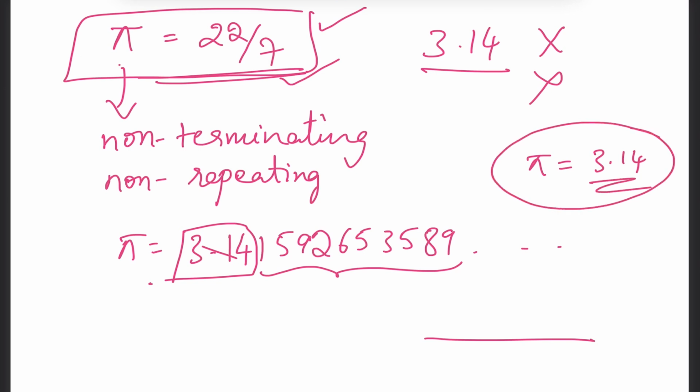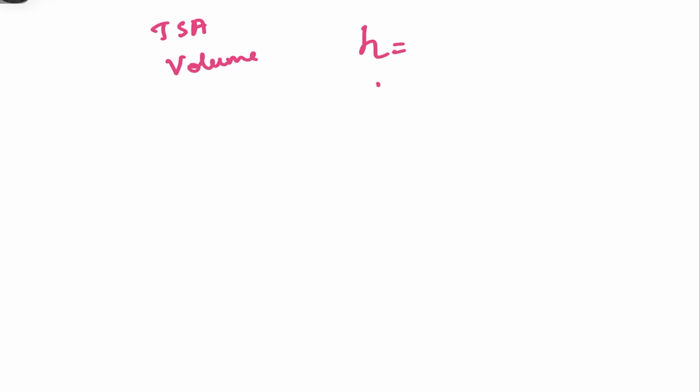then you can take this value. In the same chapter, when we are finding TSA or volume or CSA, whatever it could be, we will be coming across parameters like height, diameter, radius, various things. Suppose, let us take an example. Height would be given in centimeter and the diameter would be given in meter.